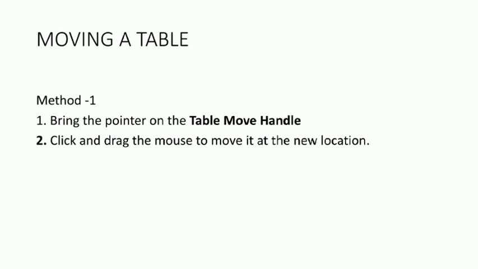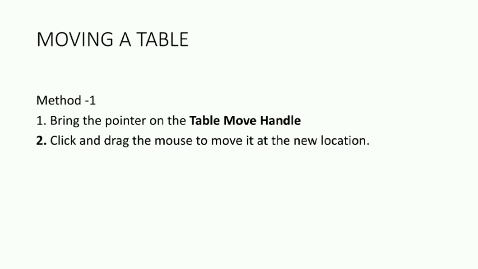The first method, point number 1: bring the pointer on the table move handle. When we select any table, different options or corners appear over the table. On the left side there is an option called the table move handle.